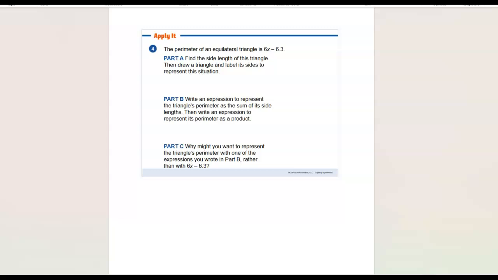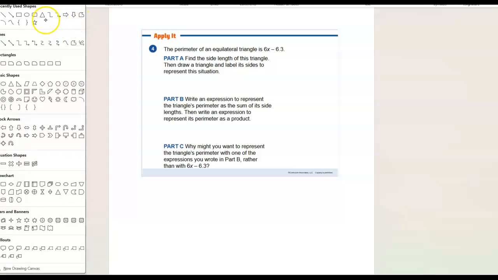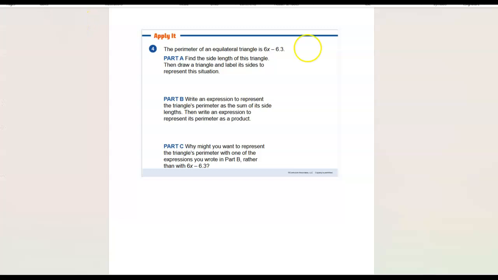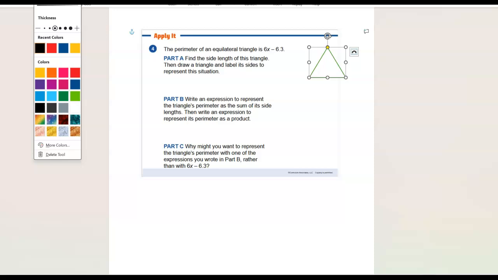The perimeter of an equilateral triangle is 6x minus 6.3. So we need to know that the word equilateral is kind of like the word regular, as in all sides are equal. So I'll do my best to draw a triangle where all sides are equal. And we just know that the whole perimeter, if I add them all up, side 1, 2, and 3, is 6x minus 6.3.